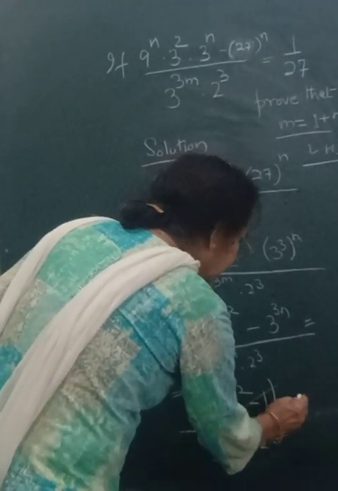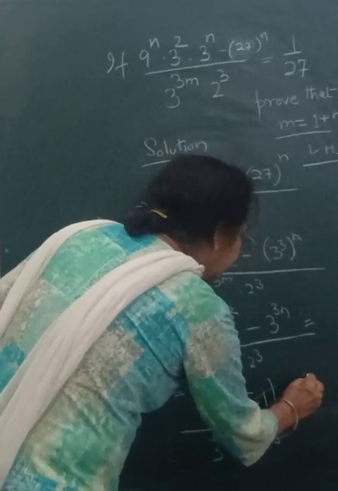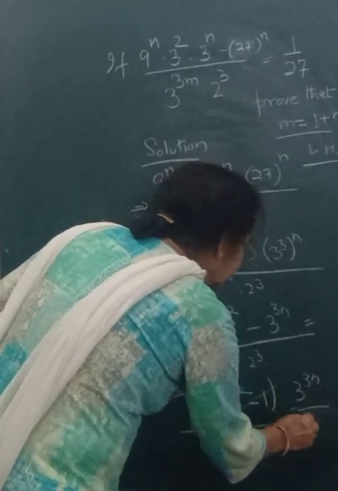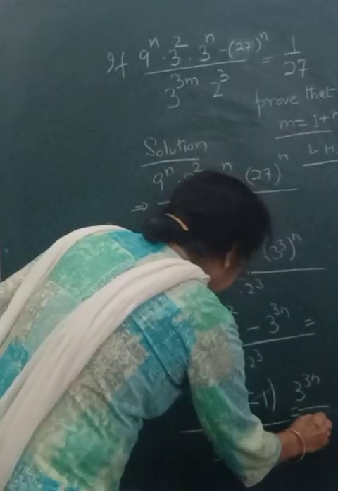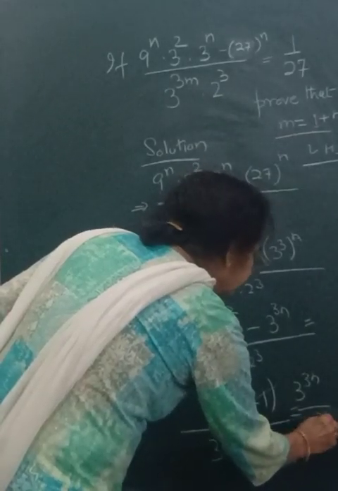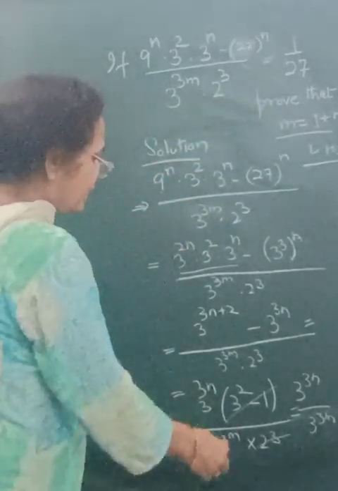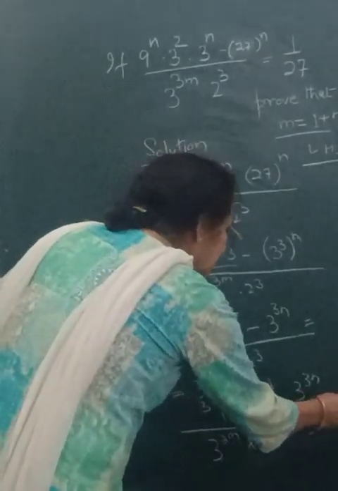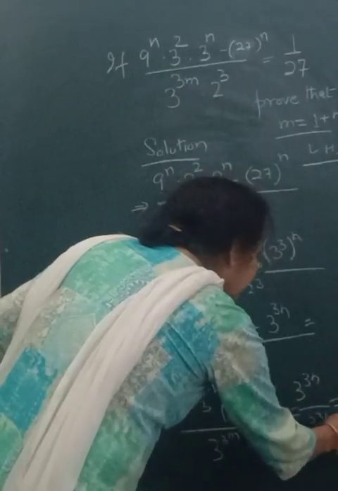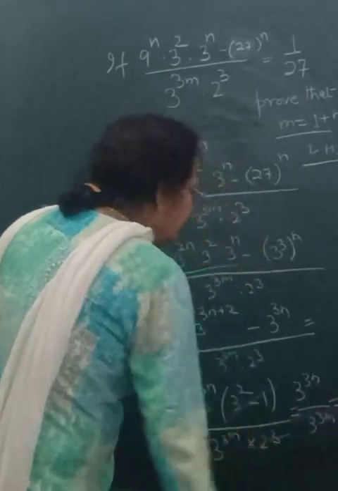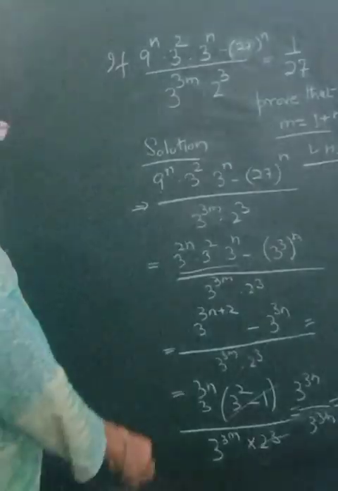This will be equal to 3 to the power 3n upon 3 to the power 3m. That was equal to right hand side, which is 1 by 27. 1 by 27 can be written as 1 upon 3 to the power 3.